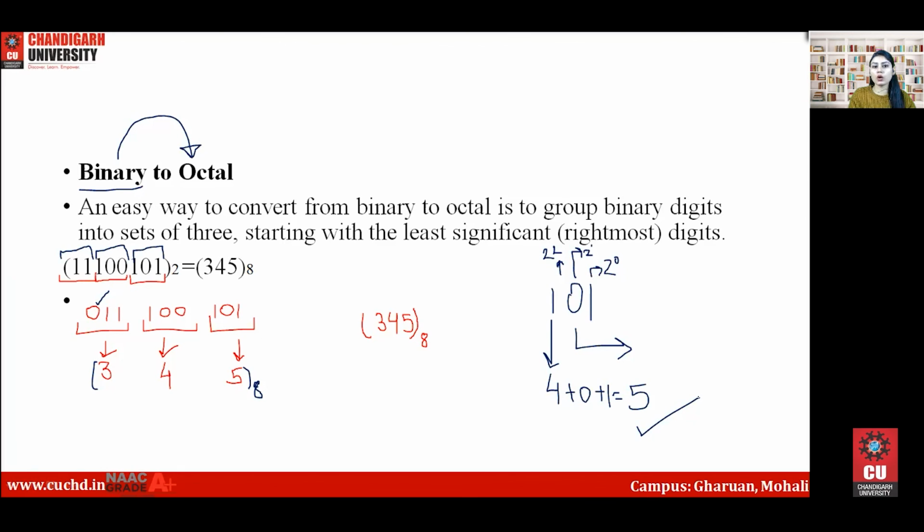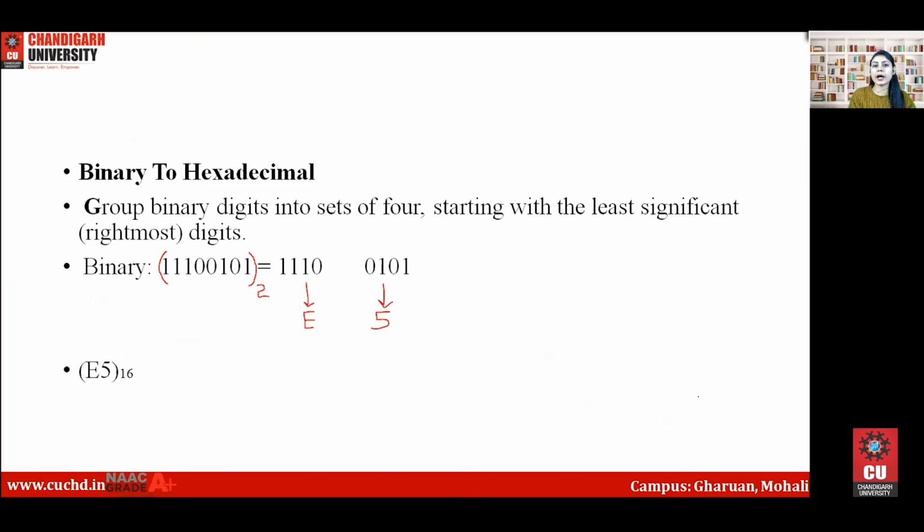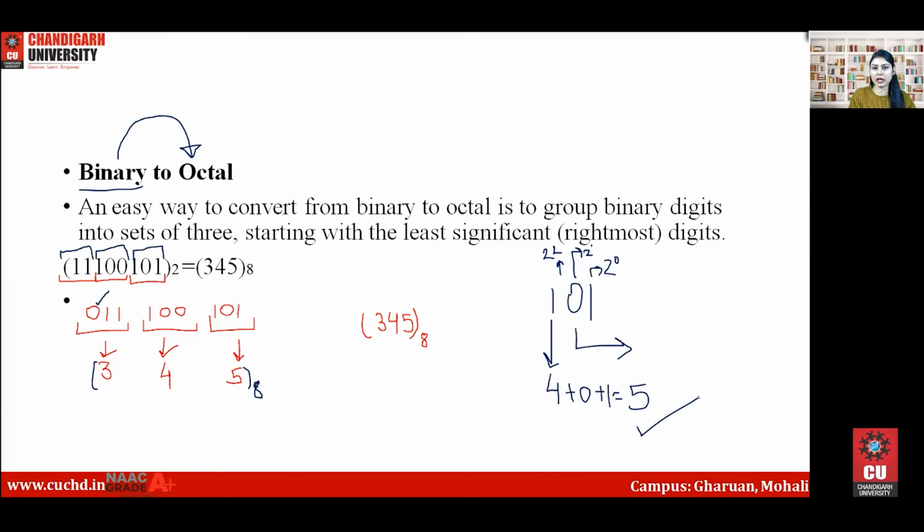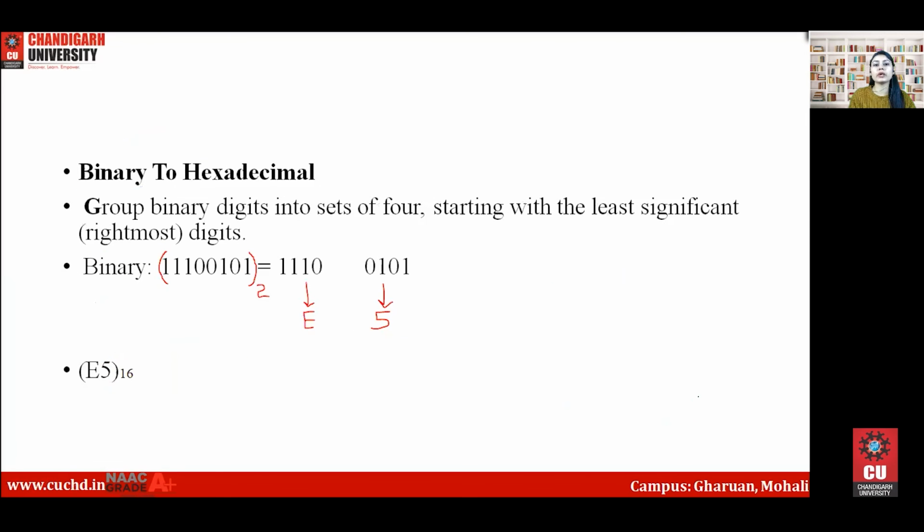Similarly, if we talk about converting a binary into hexadecimal, the same process applies, guys, but now the grouping will be in 4. So let's suppose I have this number in binary and I want to convert it into hexadecimal. Starting from the least significant bit, first 4, then next 4.